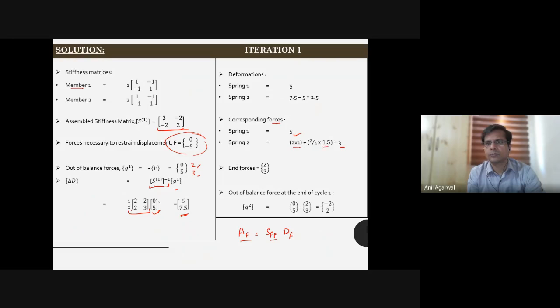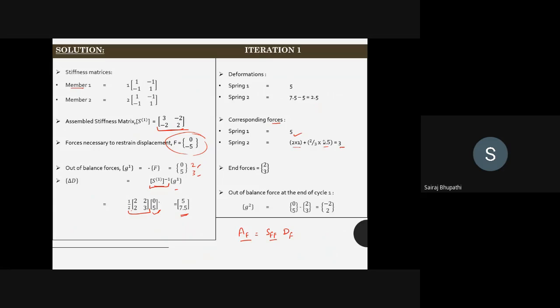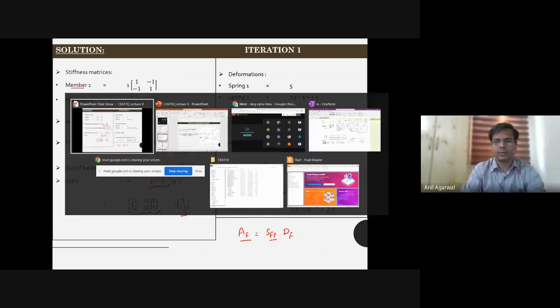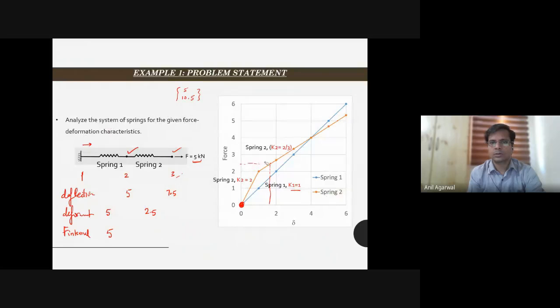So 1.5 multiplied by 2 by 3, how much is that? One, sir. Oh, sorry, my bad. Instead of deflection, I was calculating something else. So the deflection is 2.5 here. For that 2.5, I'll get a force of 3. Okay. So these are the internal forces.